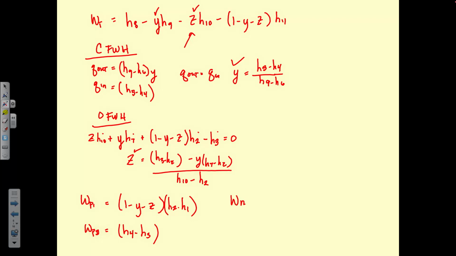So work net is going to be equal to the work of the turbine minus the work of pump 1 minus the work of pump 2. And to solve for the mass flow rate, it's going to be this W dot over our work net, which is the 400 megawatts divided by a bunch of stuff.